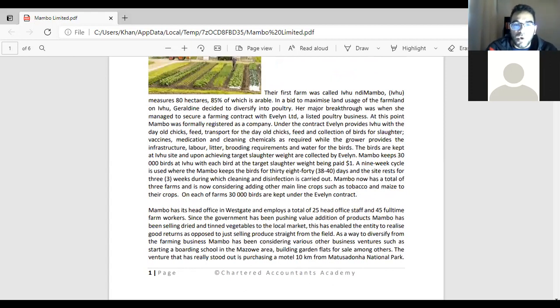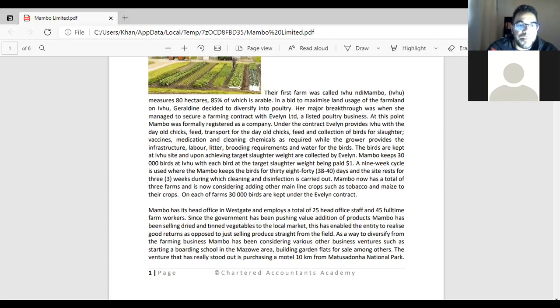The first farm was called Evo, and Evo measures 80 hectares, 85% of which is arable. I have no idea what that is. In a bid to maximize land usage of the farmland on Evo, Geraldine decided to diversify into poultry. Her major breakthrough was when she managed to secure a farming contract with Evelyn Ltd, a listed poultry business.